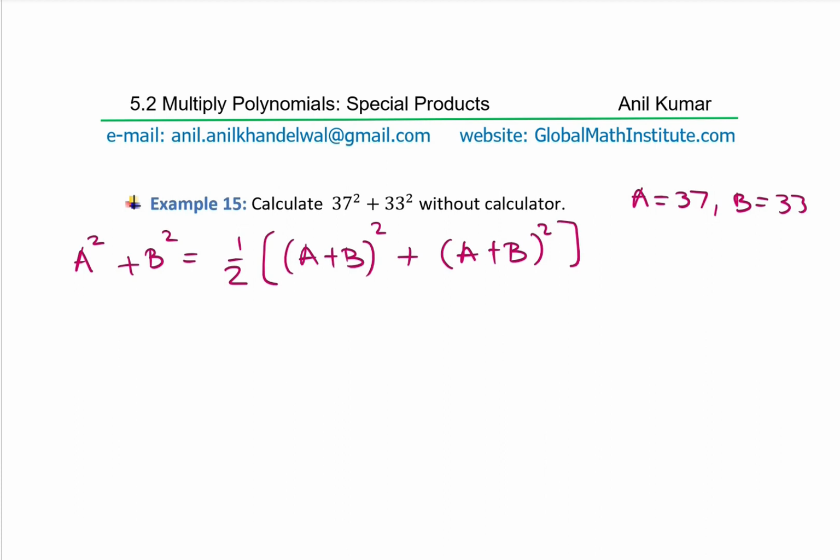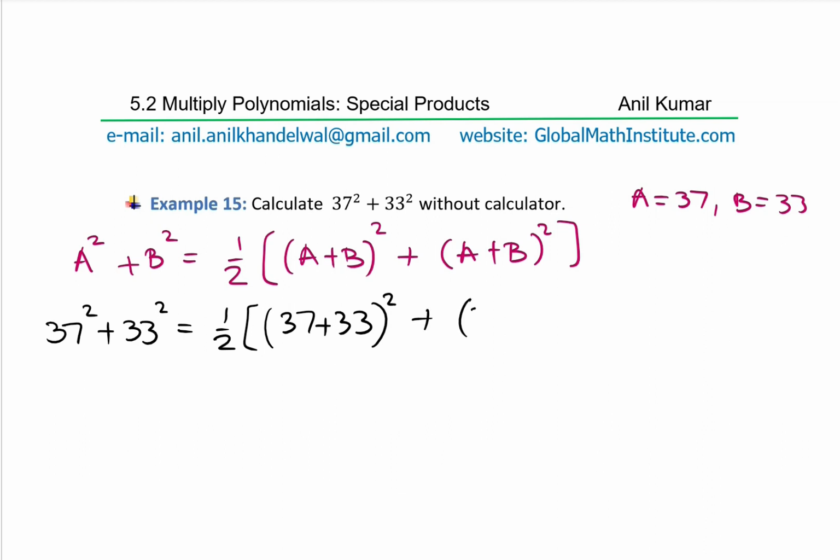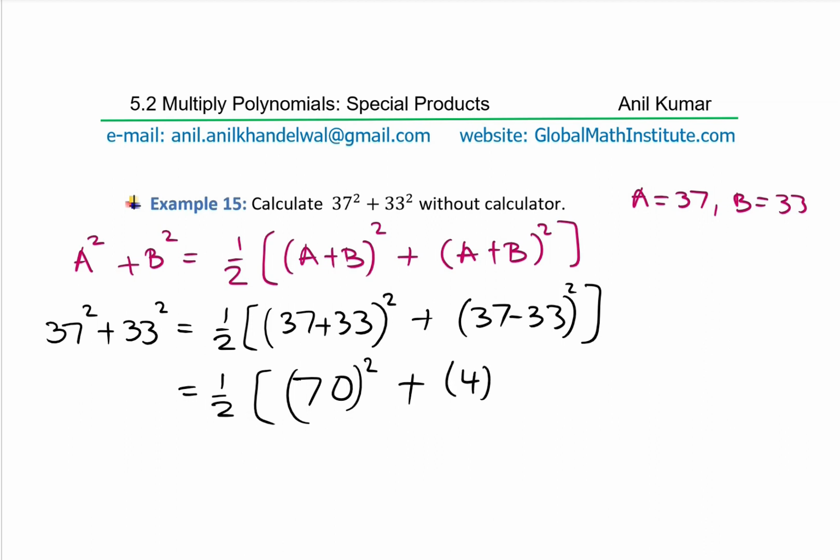So what we have here is a square, which is 37 square plus 33 square, is equal to half of 37 plus 33 whole square plus 37 minus 33 whole square. And that gives you half of, when you add 37 and 33, you get 70 square plus difference is 4, 4 square.